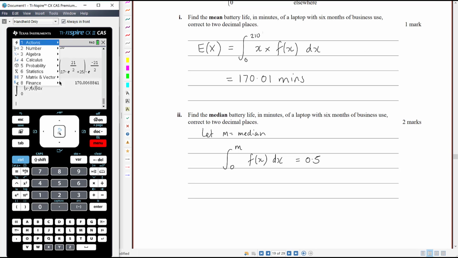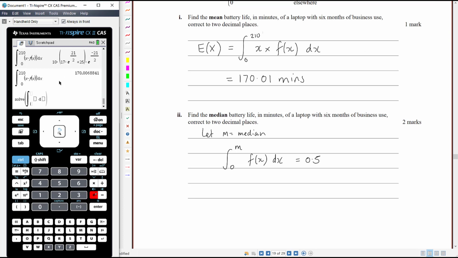So we're going to solve. Now if I wanted an exact answer, I would make it equal to 1/2 rather than 0.5, but I want an answer to 2 decimal places anyway, so I'm going to type in the 0.5 to help force that. And that's because my calculation mode is set to auto, so if I get an exact value and I want a rounded value, I just press Control Enter. Sorry, we're solving this for m.